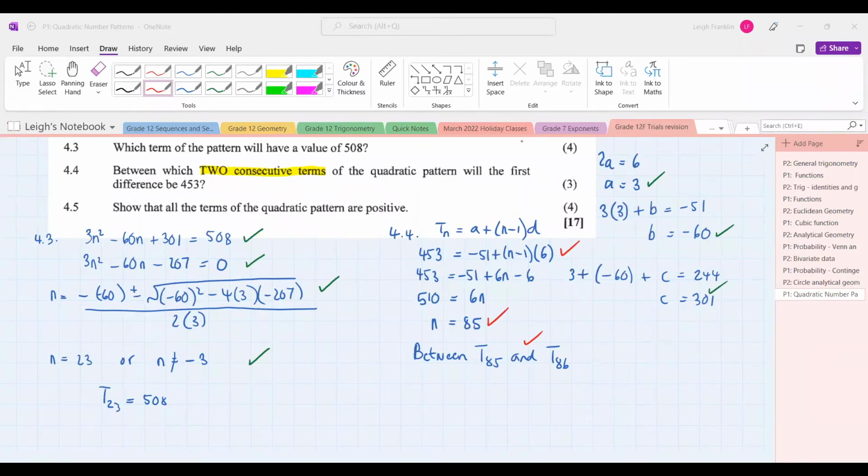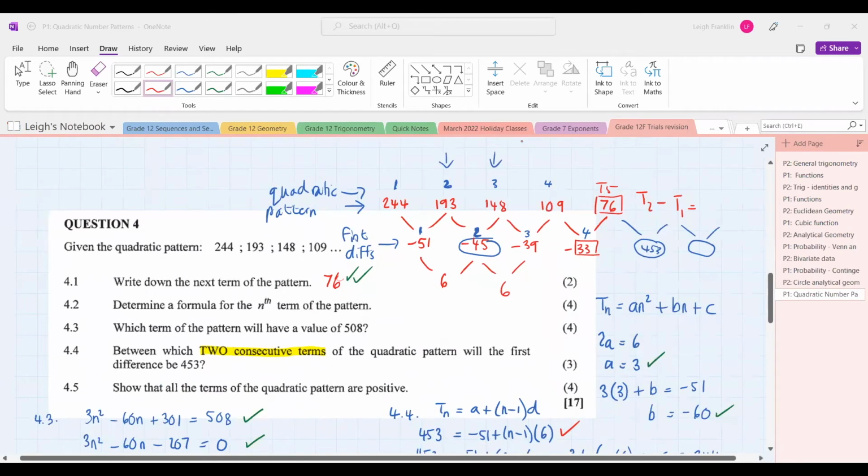So all the terms in the quadratic pattern, we just go up and have a look at it. So that's 244, 199, 149, 109, etc. It says that they're all positive. How would we do that?